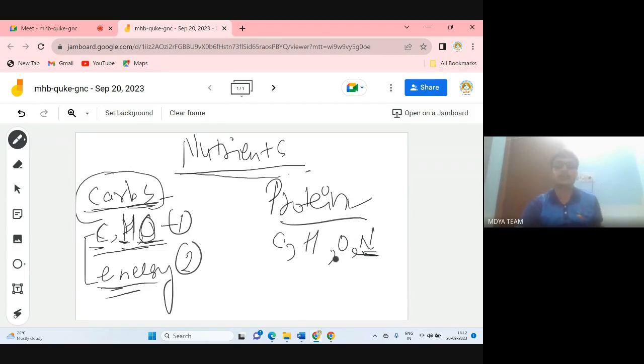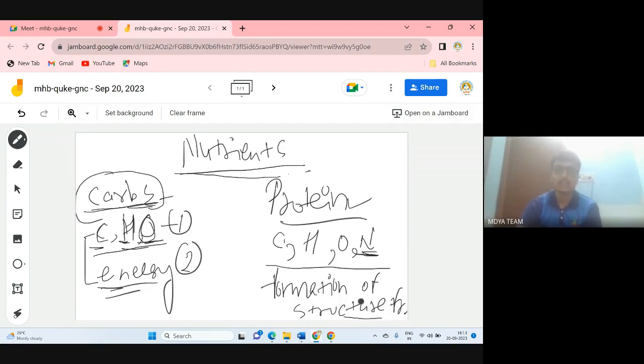So all the substances which contain carbon, hydrogen, oxygen, and nitrogen, and which are responsible for the formation of our body's structure and framework, all those chemical substances which are mostly engaged in forming structural framework, like in our nails, there is a protein which forms our nail.